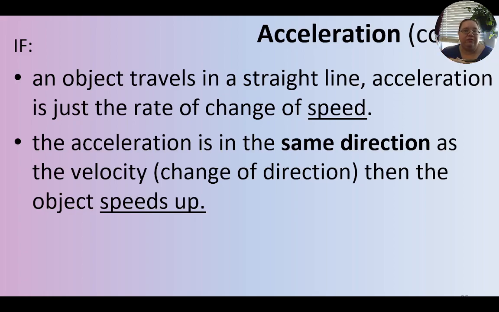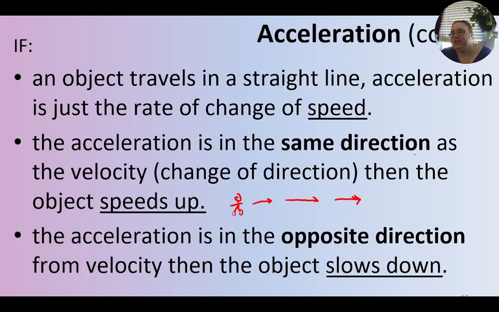So if we are moving forward and we are adding additional force and we start moving forward faster, that's a positive change in our acceleration. For example, my person is on skates. They are going to the right, and we notice that they have an increase in their speed. That would cause the object to have a positive acceleration.